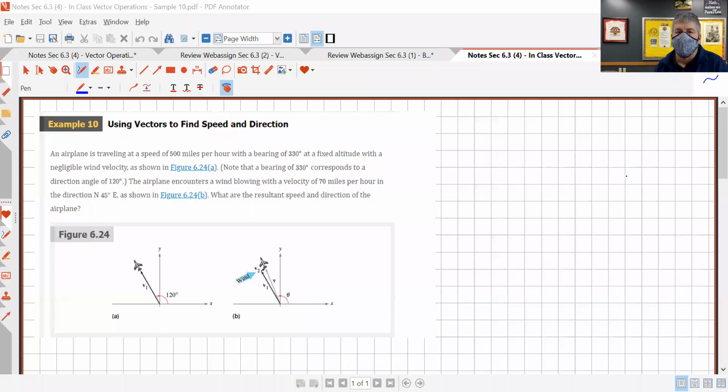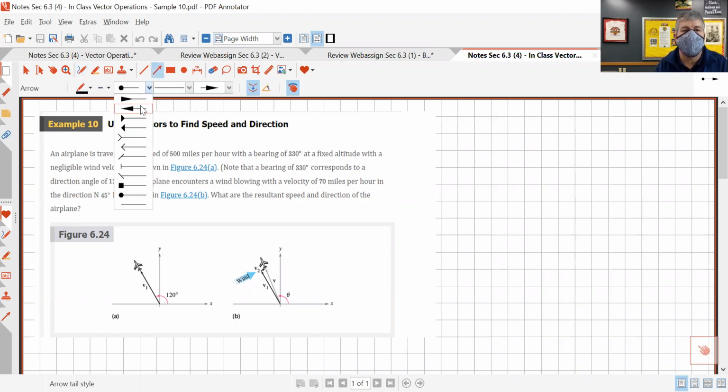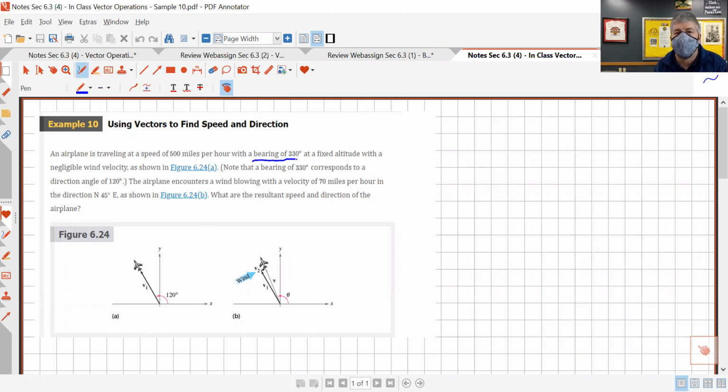So you are going to want to write this down because there's a couple things in here that we have not done before that we have to take a look at. So we've got this problem with this airplane. An airplane is traveling at a speed of 500 miles an hour with a bearing of 330 degrees. We have not explored that yet.